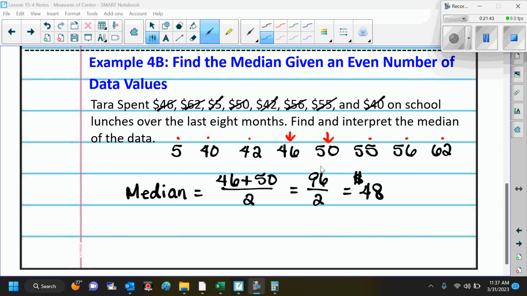Again, for the median, we're going to put the numbers in order from least to greatest. Then I'm going to find the two middle numbers, because this is an even set of data items. That's 1, 2, 3, 4 from the front, and 1, 2, 3, 4 from the back. So 46 and 50 are my two middle numbers. We add those together and divide by 2, and that gives us our median dollar amount, the median value spent on lunches.